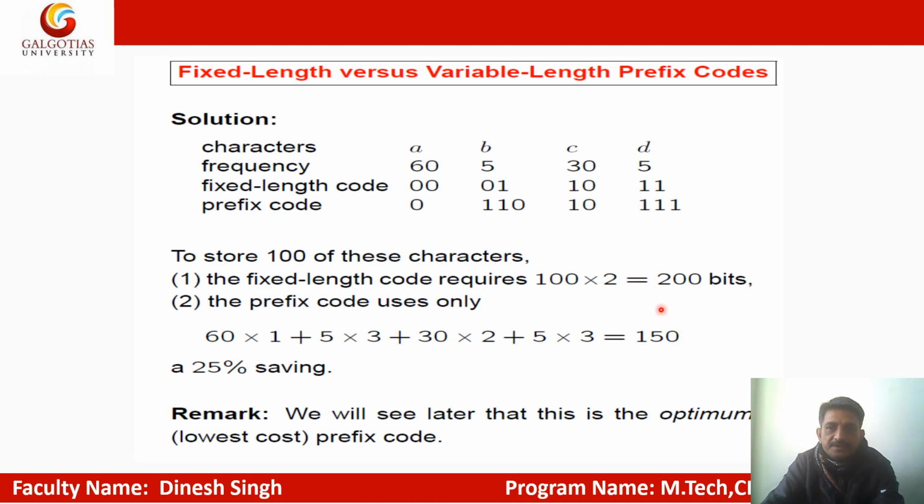It comes to 150 bits, so by using the prefix code we are saving 25%. This way fewer bits are required and the data is compressed. We will see later that this is an optimum prefix code.